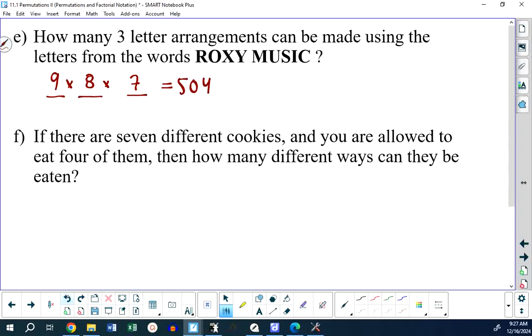But that means that 9p3 must be 504, right?